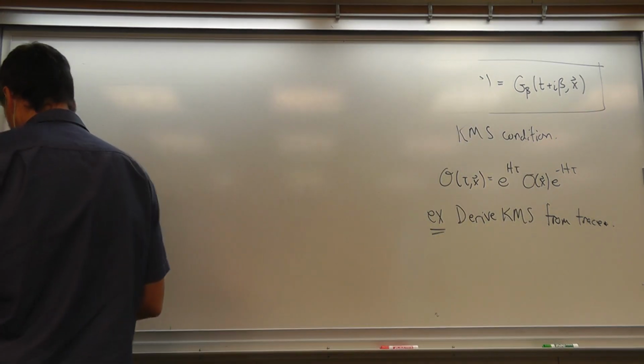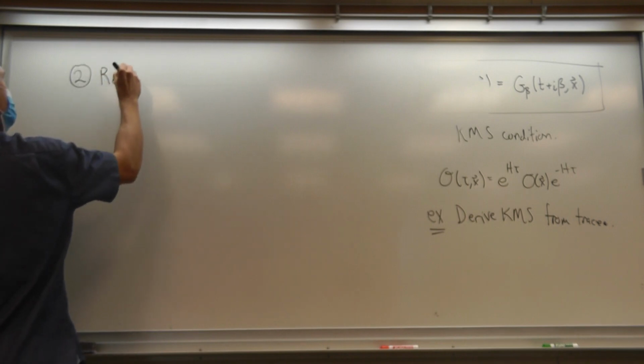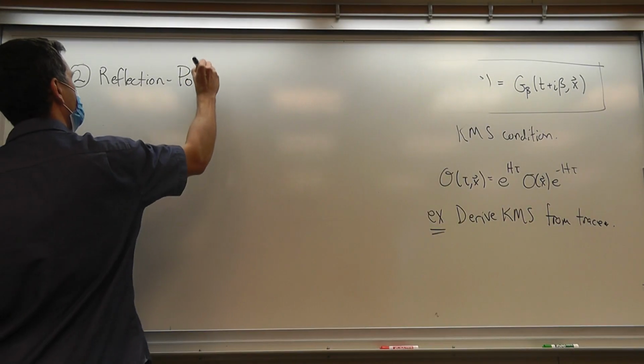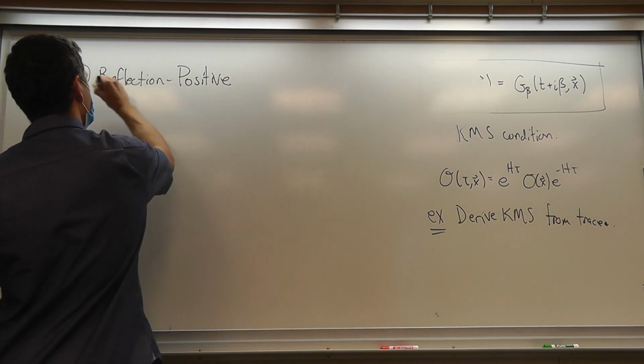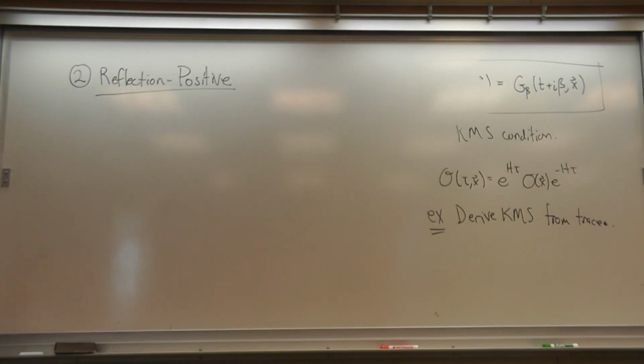Number two, Euclidean correlators are reflection positive. So what does reflection positive mean?